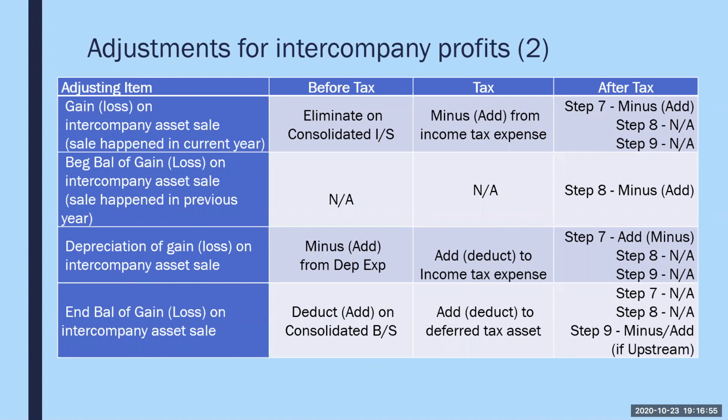And we have to keep in mind that whichever company was the seller company has already dealt with the income tax amount with CRA. So taxes have already been paid. So what we need to do in that case is make an adjustment to the deferred tax asset for the tax amount on the unrealized gain balance. Okay. And this balance is adjusted for in step 9 if it pertains to an upstream transaction.